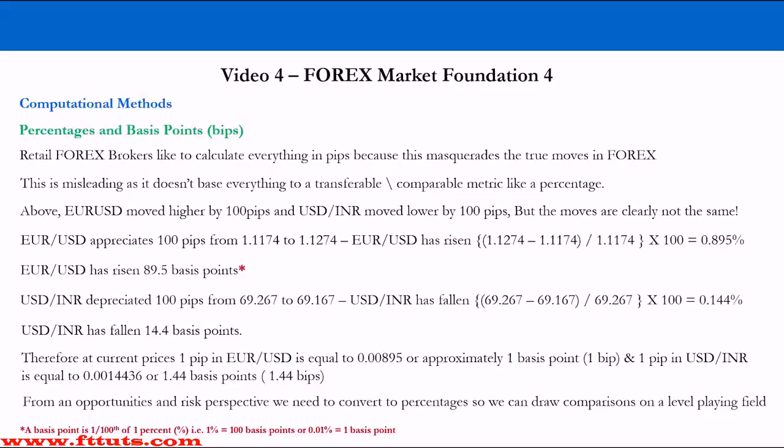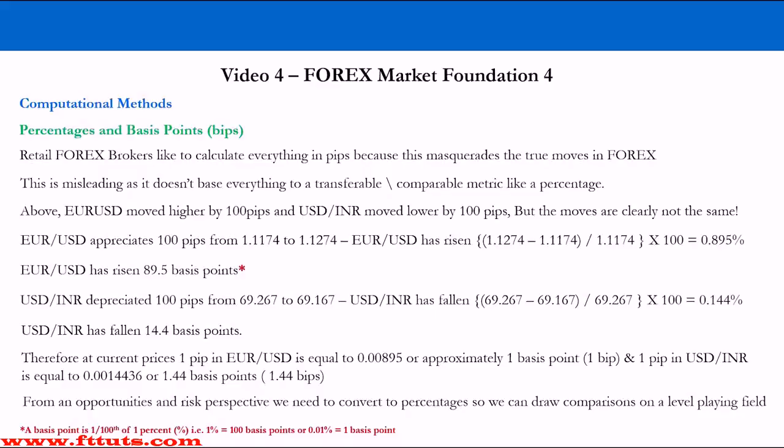If you calculate everything in pips, it's misleading because it doesn't base everything to a transferable or comparable metric like a percentage. So above, in the example, euro dollar moved higher by 100 pips, and we also looked at dollar Indian rupee, and that moved lower by 100 pips. So they both moved by 100 pips, but the moves clearly are not the same.